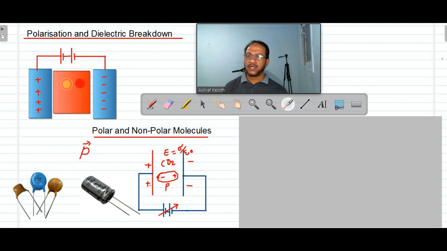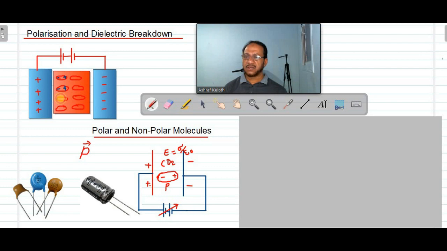It has a large number of molecules. Now when we apply an electric field like this, because of the positive and negative charge on the plates of the capacitor, all molecules will get elongated and all of them will have electron clouds towards the positive plate, and nuclei will be attracted towards the negative plate, since unlike charges attract.